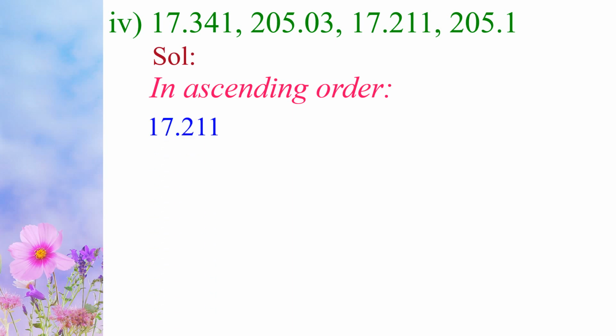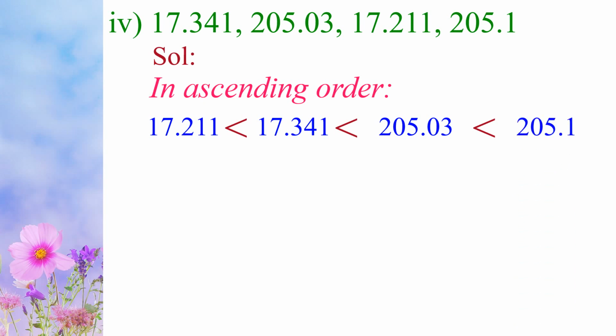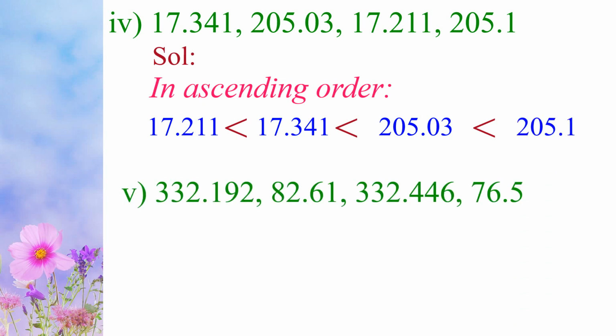Here the smallest decimal is 17.211. Next one, 17.341. Next one, 205.03. Next one, 205.1.